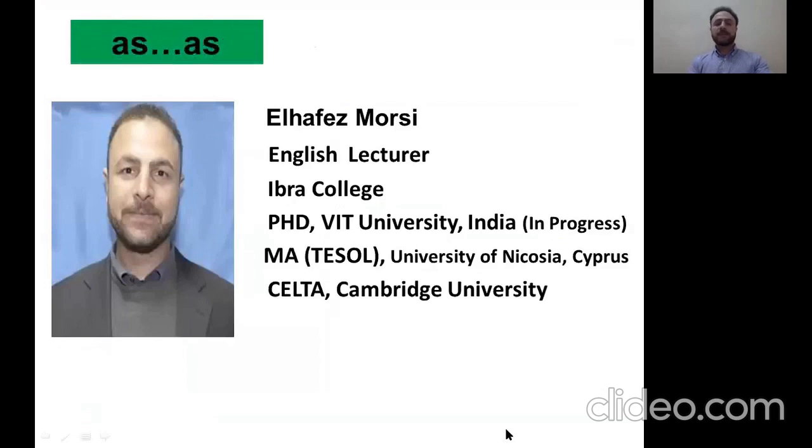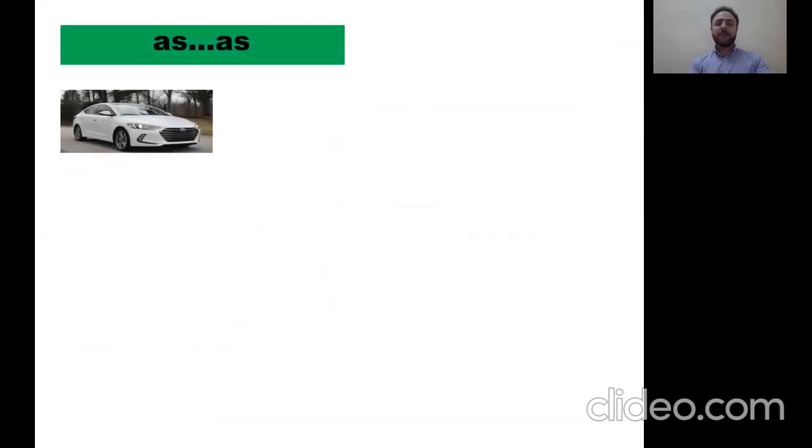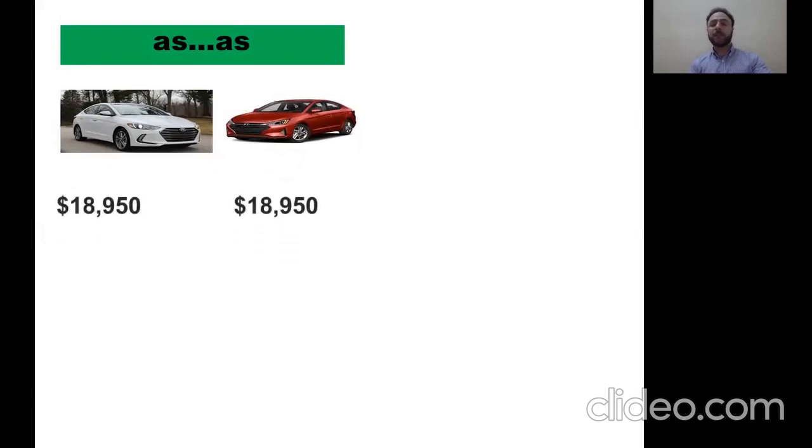We use the structure as...as to say that one person, thing, or place is equal or similar to another in a particular way. Here we have a picture of a white car, and here we have another picture of a red car. Here is the price of both cars.